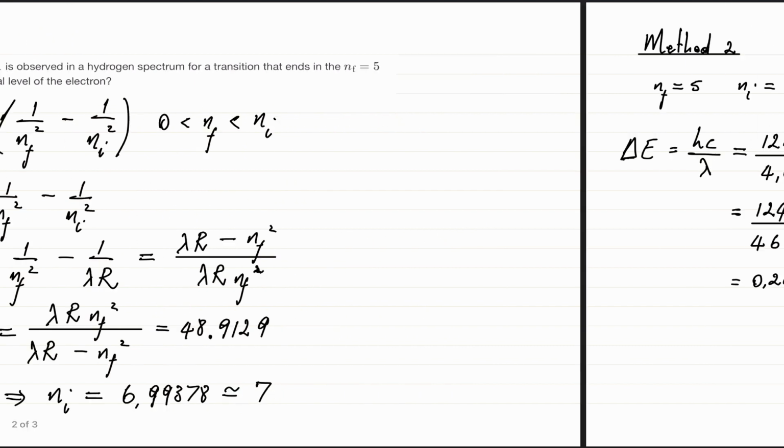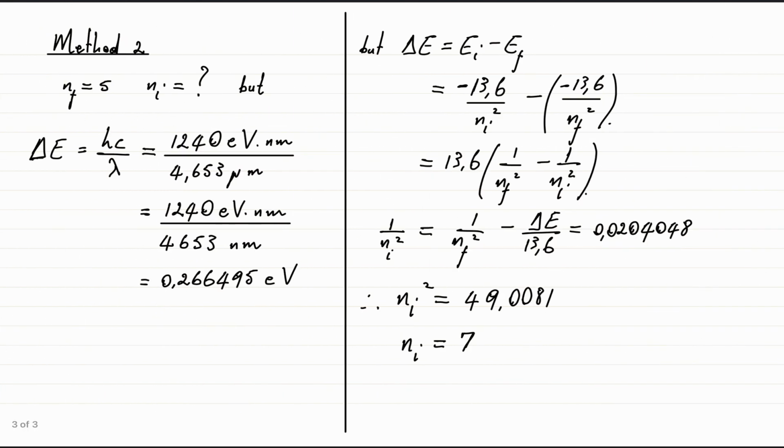Then the second method, which is similar to the method we used in class, and I'm going to highlight where things went south. Okay. So we know that the electron eventually lands on the 5th energy level, but we don't know where it starts. But what we do know is the difference between those two energy levels will give us a wavelength given by this, 4.653 micrometers.